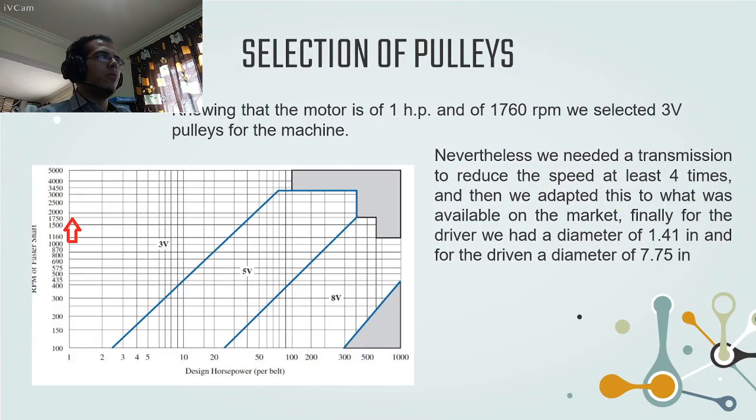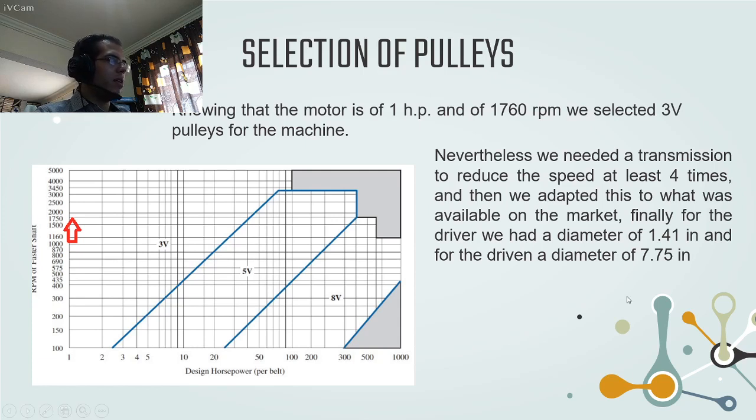So for the selection of the pulley, we have this graph, and we have the horsepower of the motor and the RPMs. Looking at the design, we need a 3V belt, and as we want to reduce the speed, we need a much smaller diameter for the driver, which is 1.41 inches, and the driven has to be 4 or 5 times larger.